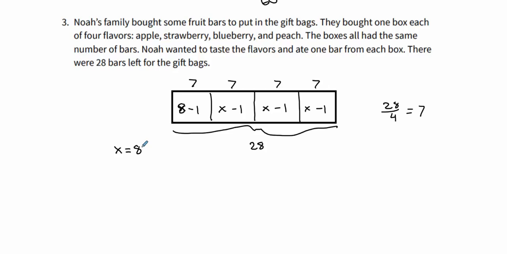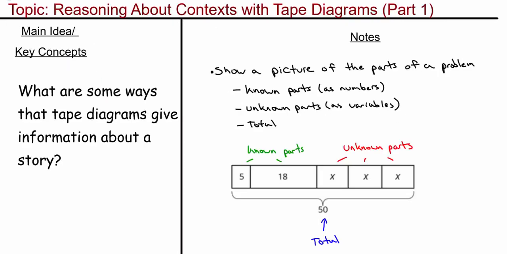Let's take some notes and talk about some ideas on what parts of why tape diagrams are useful and how we can use them to solve problems. So what are some ways that tape diagrams give information about a story? Well, they show a picture, right? They show a picture of the parts of the problem.